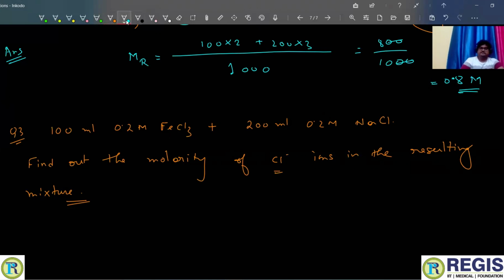That means you have to find the concentration of Cl minus. So 100 ml 0.2 molar FeCl3 and 200 ml 0.2 molar NaCl are mixed. How can you solve this one? Giving you some time, quickly try to solve it, then we will solve it.